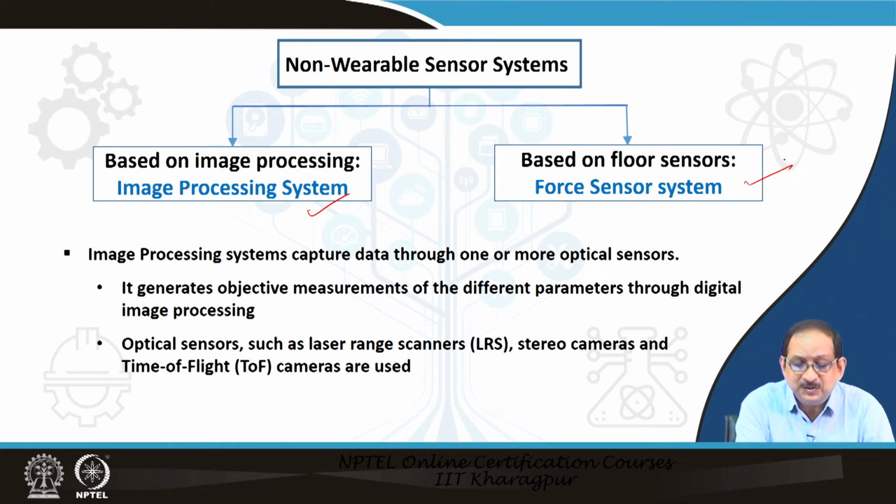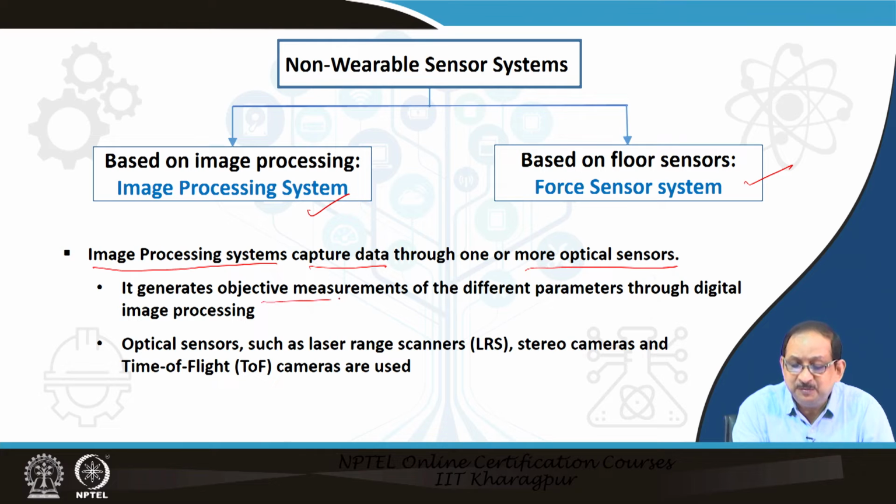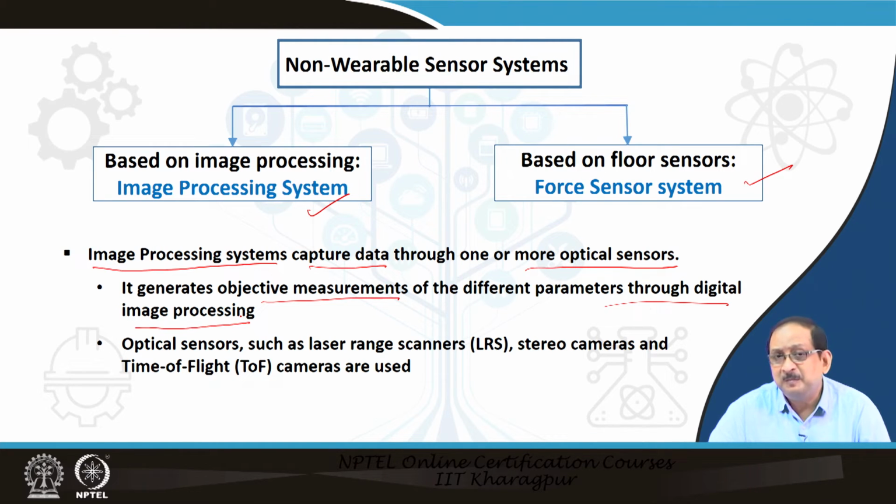The image processing system actually captures data through one or more optical sensors. It generates objective measurements of different parameters through digital image processing.